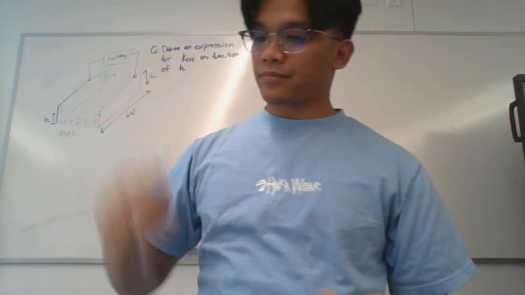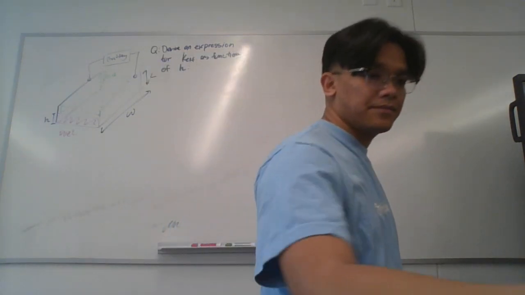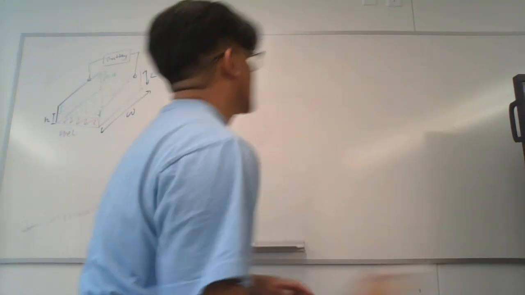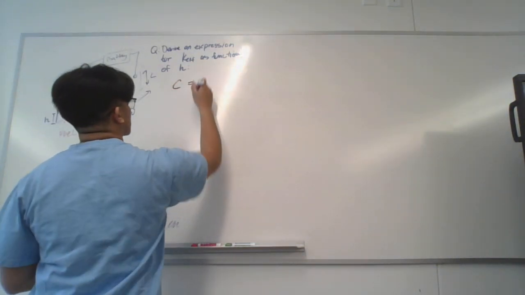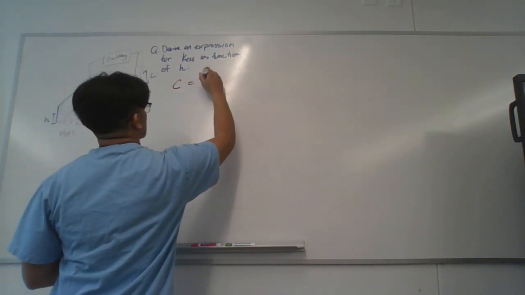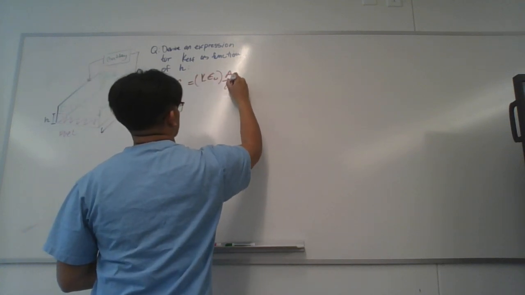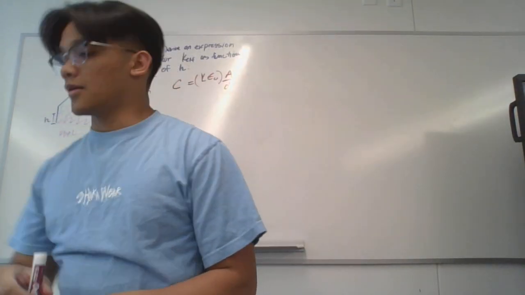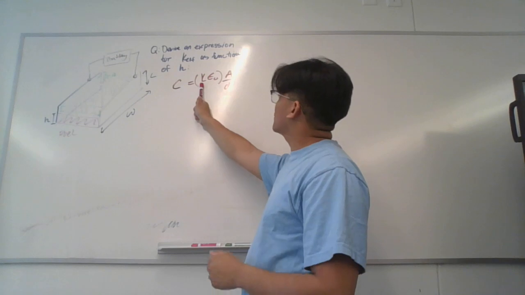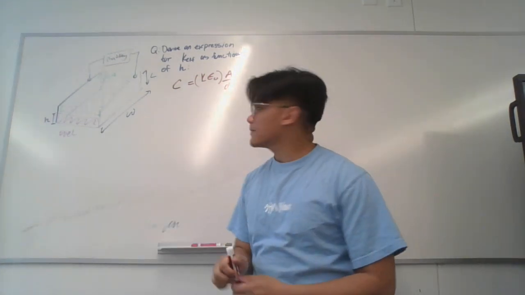So first, we are to derive an expression for K effective as a function of H. First we can say that C, the capacitance, is equal to K epsilon naught multiplied by A over D, where A is the area and D is the distance. Epsilon naught is just the permittivity of free space, so that's just a constant.